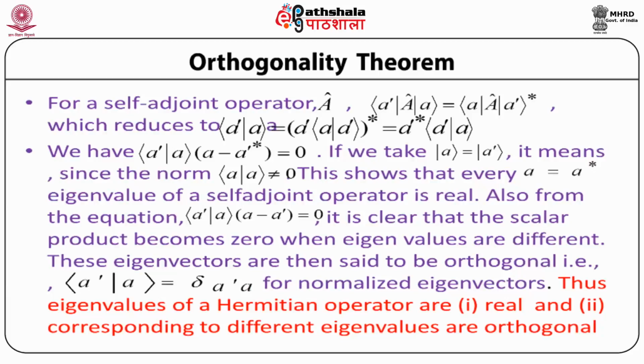Further, we have that bra vector a prime ket vector a into within brackets a minus a prime star is equal to 0.